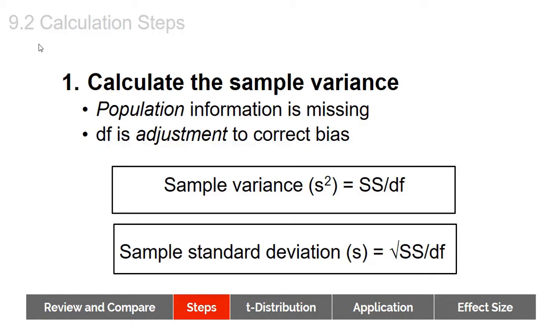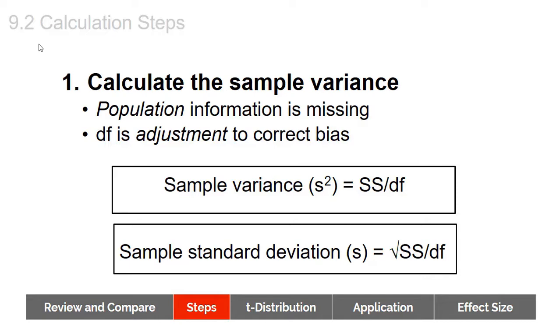If you will recall from an earlier lesson on calculating sample variance and standard deviation, instead of using n in the denominator of the formula, we use n minus 1, and we call this degrees of freedom. We do this to adjust the variance so that it more accurately represents what the variance would look like in the population.